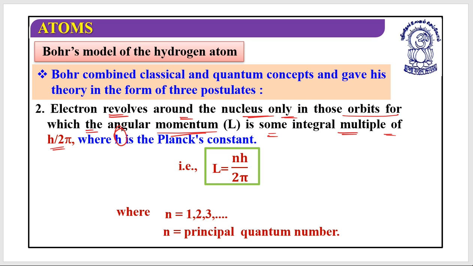So whatever orbit it is going to revolve in, that orbit must have an angular momentum of an integral multiple of h by 2 pi, where n equals 1, 2, 3 and onwards, and this n is known as the principal quantum number. So it can revolve only in certain stable orbits, and those stable orbits will satisfy this rule: L equals nh by 2 pi. This was the second postulate.